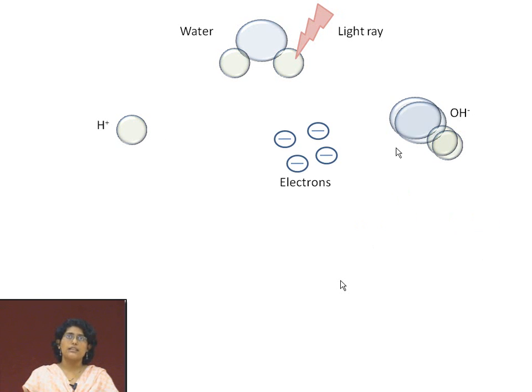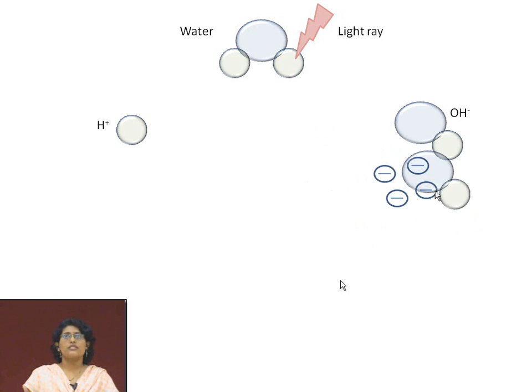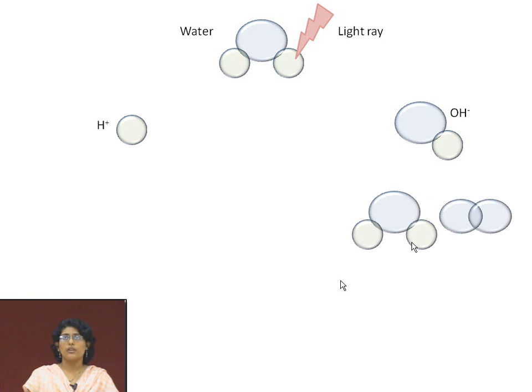During such reactions, electrons are also produced, and these electrons and OH minus ions react with each other and produce water molecule and oxygen. Here this oxygen is the molecular oxygen, or oxygen in the gaseous form. This oxygen is released outside the leaf through stomata.